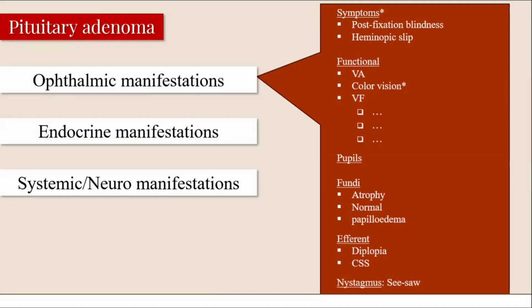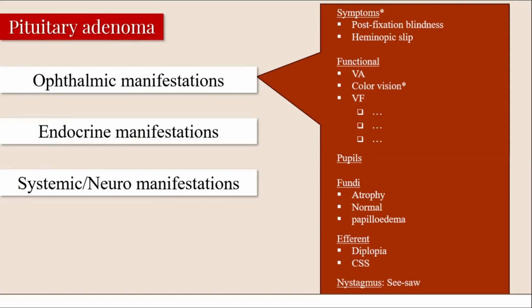If it is raised ICP and pressing on the sixth nerve? Yeah, but this is very rare. It is very rare that a pituitary adenoma is huge enough to obstruct the CSF circulation and cause papilledema. It's reported, but it's very rare. There's another mechanism, but it's a good start.